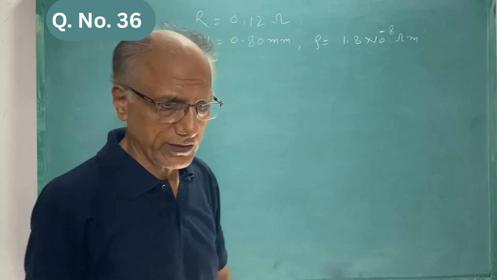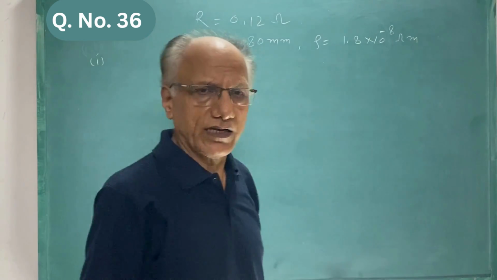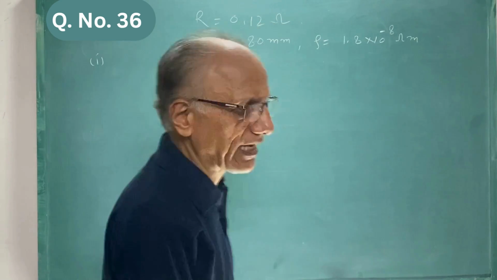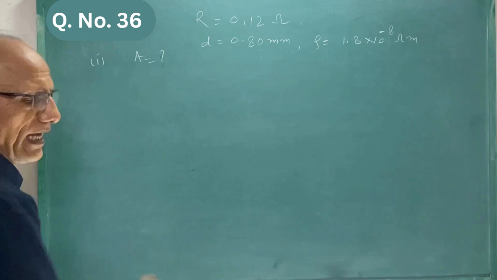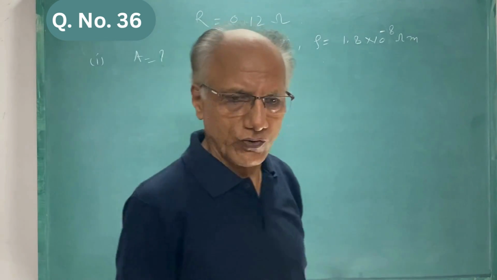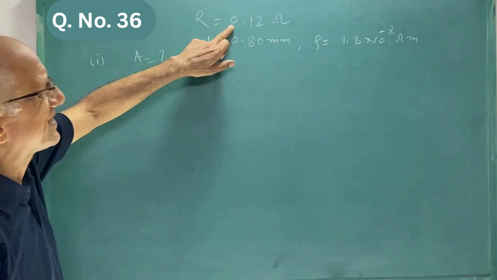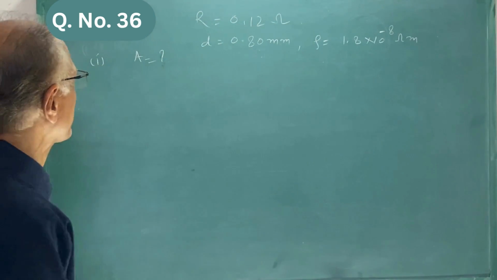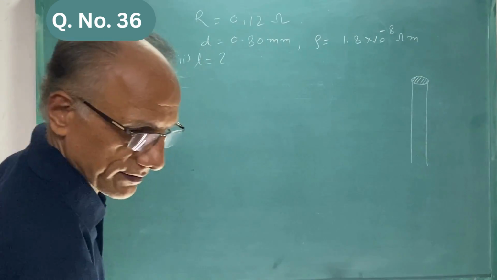It is given in the question. The first part asks to determine the cross-sectional area of the wire. So you have to find A, and in the second part, calculate the length of the wire required for this resistance. That means you have to find the length also in the second part.